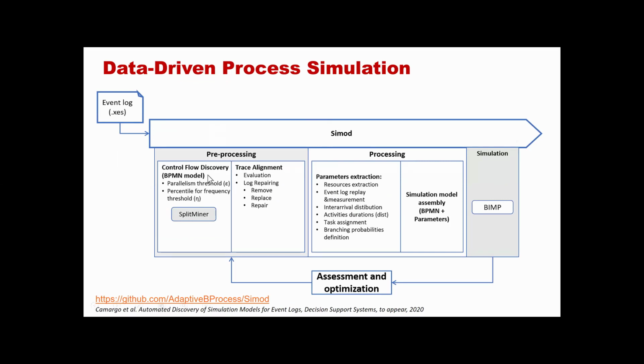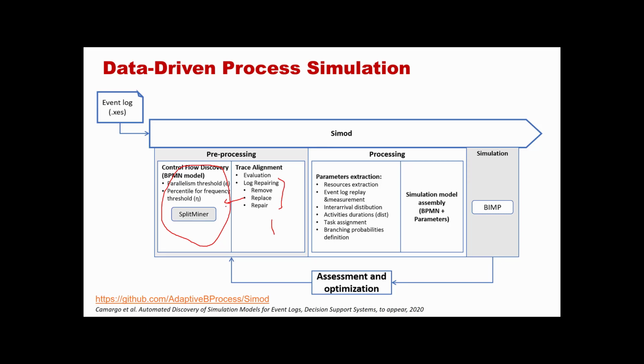What the Simod tool does is that it first takes the event log and it discovers a BPMN model in the first step, using the same algorithm that Apromore uses, which is called the Split Miner. It then replays the log against the model in order to make sure that all the traces are following the model, because remember, one of the assumptions the simulation makes is that the traces follow the model that you're simulating.